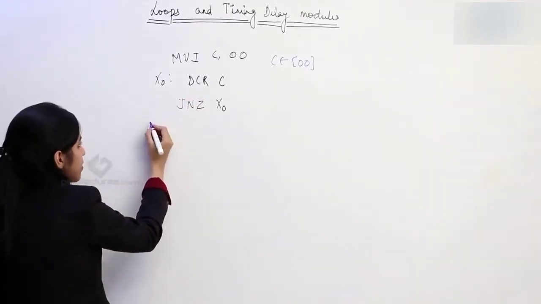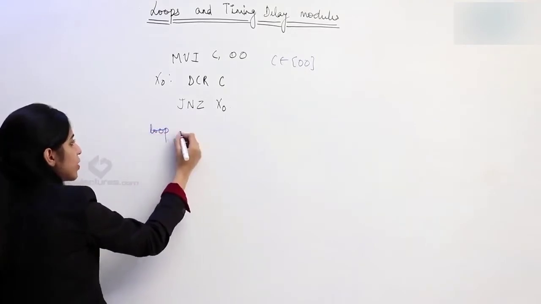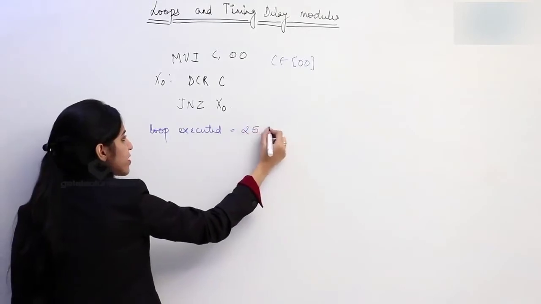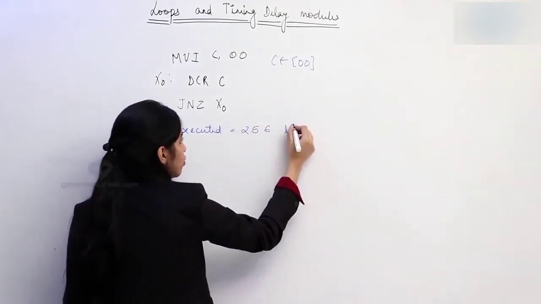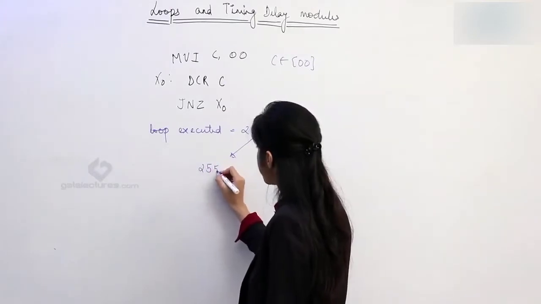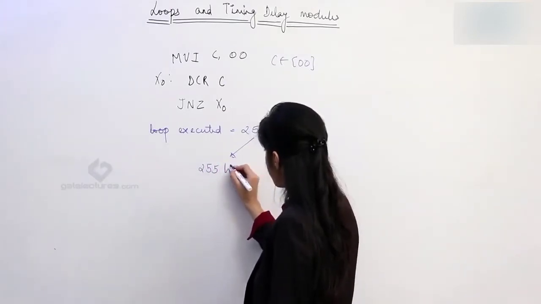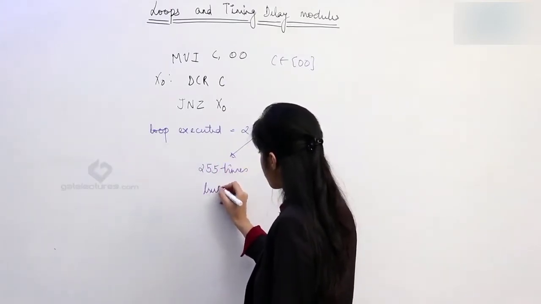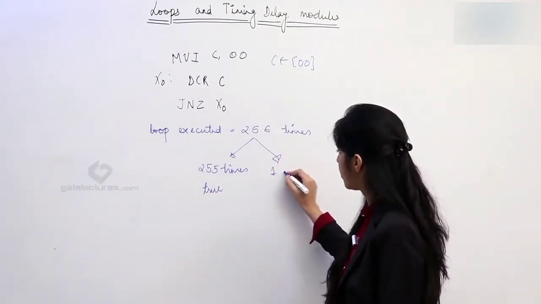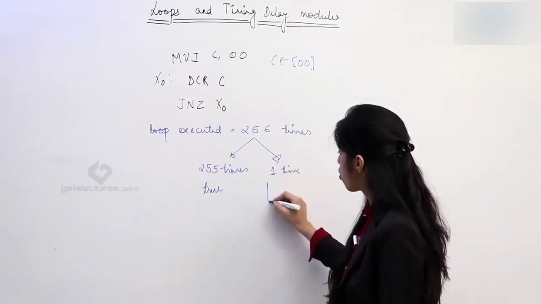So this loop is going to be executed 256 times, of which 255 times the condition is going to be true, and one time the loop is going to be executed for false condition.